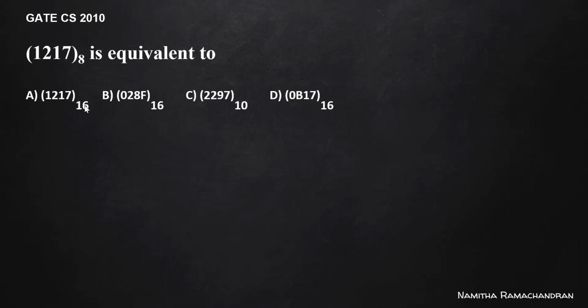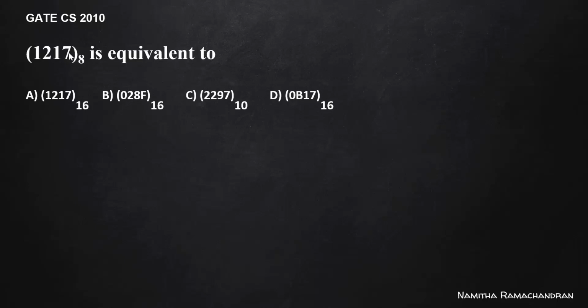If this number is not matching with any of these base 16, then we can directly conclude that the number is equivalent to option C. So we can directly convert this into its hexadecimal form first in order to check whether that number is equal to any of options A, B, D.